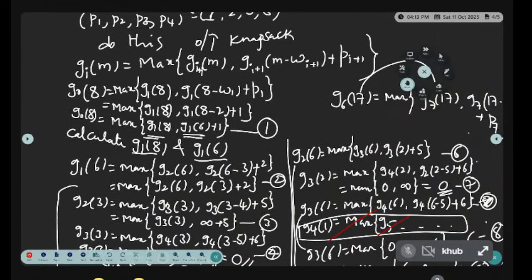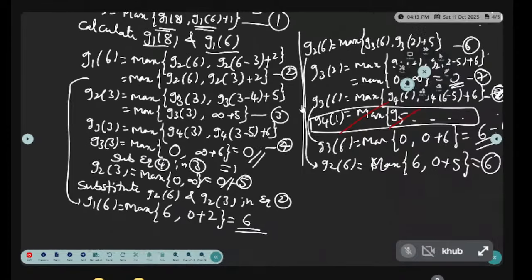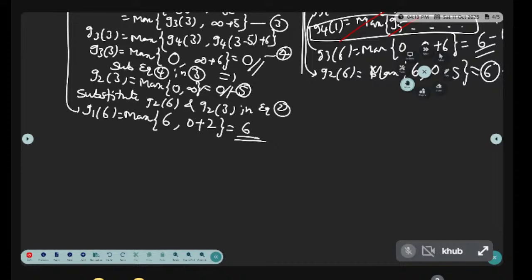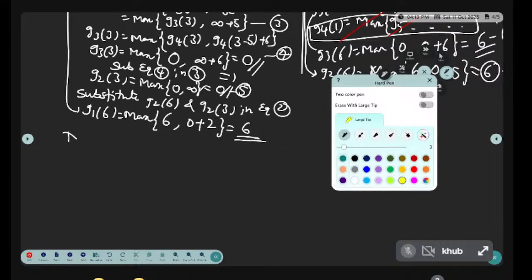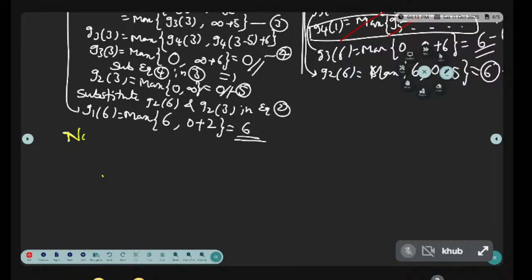So calculating G1 of 6 is done. This we got. Now we have to do G1 of 8. Now calculate G1 of 8.